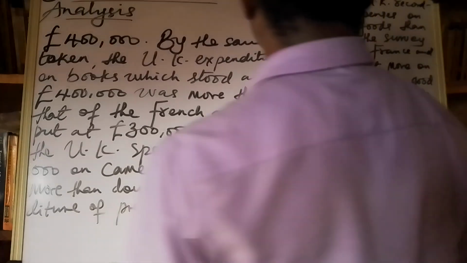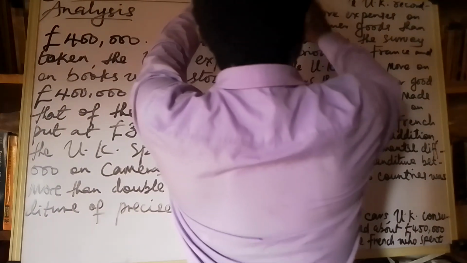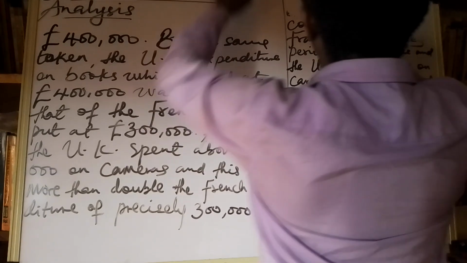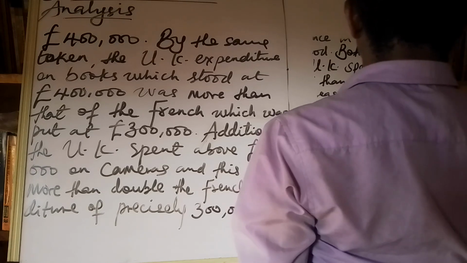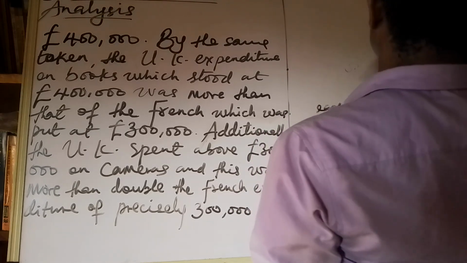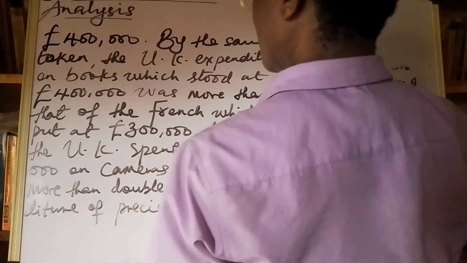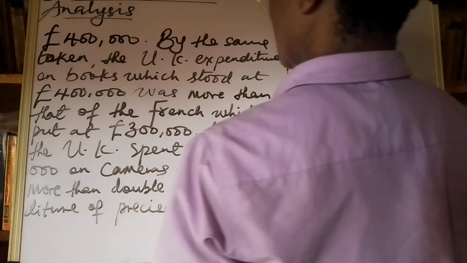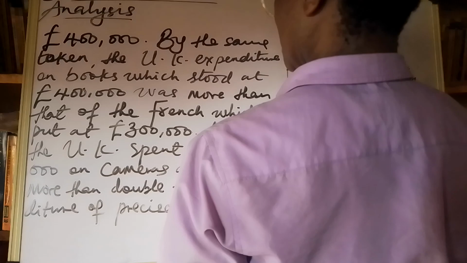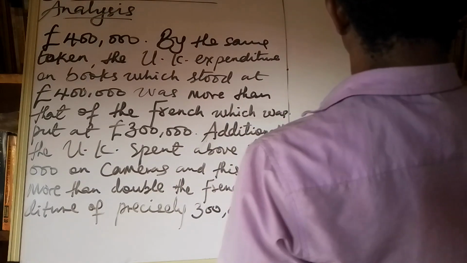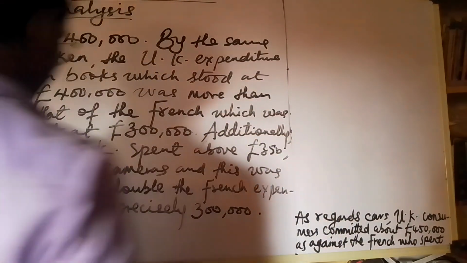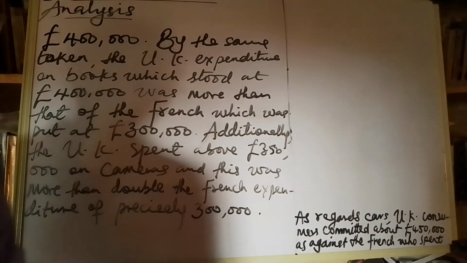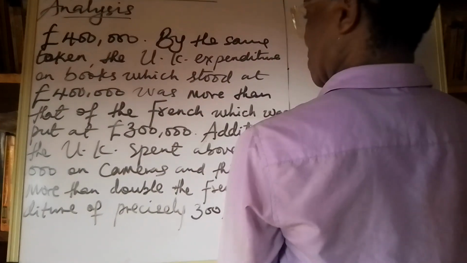Then, in the fourth paragraph, which is the last one, we will now highlight the other commodities on which expenditures were also made during the survey period. Sorry, there is a slight mistake here. £350,000 as against £300,000.